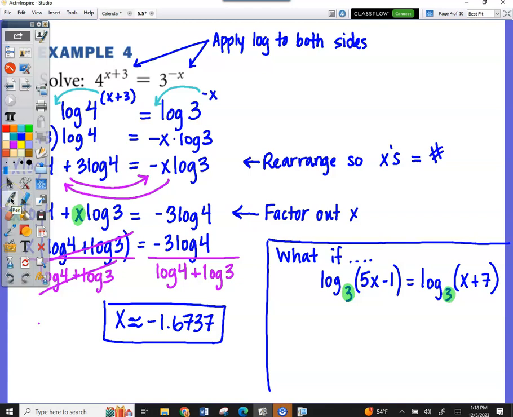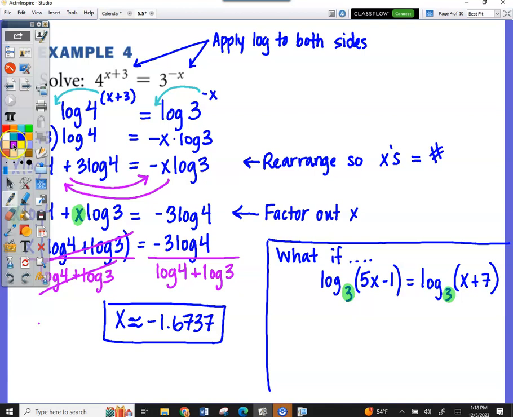Well, don't forget what the concept of an equation is. The concept is the left side in value is the same as the right side in value. They don't look the same, but they hold the same value. Well, they're both log base 3. If they're both log base 3, then the of part has to be equal as well.